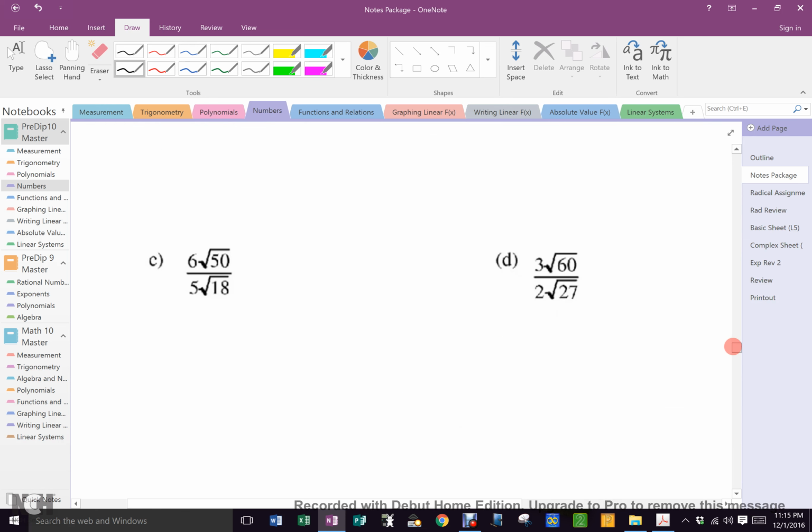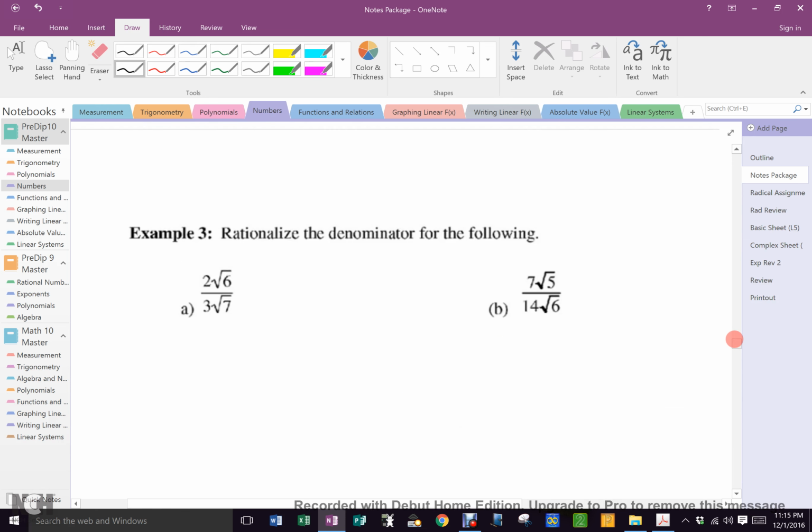So let's show you how this is done. If I'm going to rationalize the denominator, remember, rationalizing the denominator means I take the denominator and I multiply it by the radical. Now, I can multiply it by 3 root 7, but I'm just trying to eliminate the radical. So I'm also allowed to just multiply it by root 7.